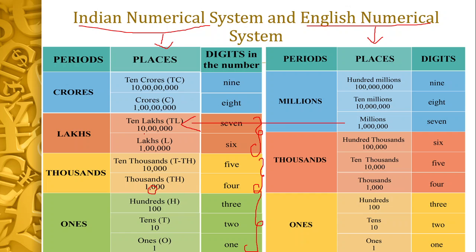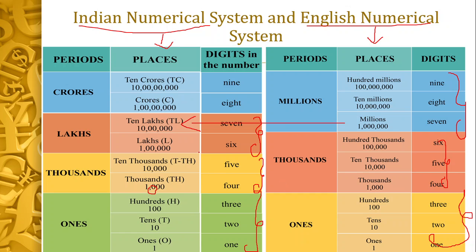So 10 lakh would have in total 7 digits with 2 commas. But here there would be no changes. It would be 3 numbers each. So even when you put that, you should be very careful, because nobody would be counting how many zeros you have put. Based on what commas you have put, they would directly calculate it.